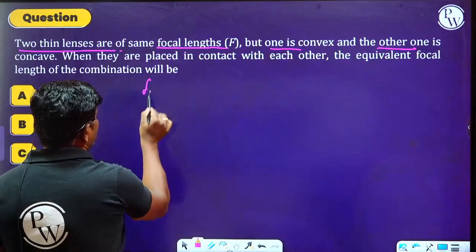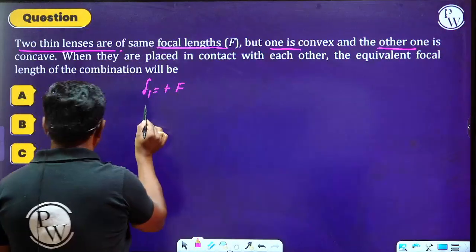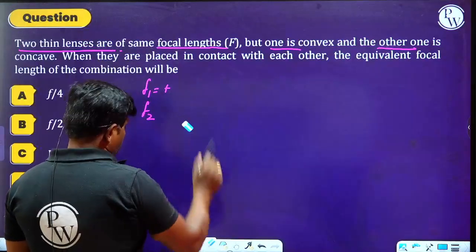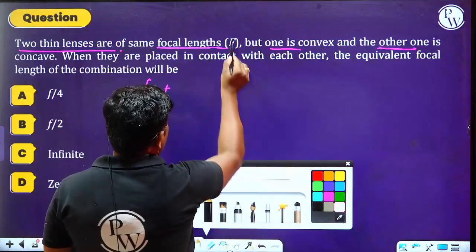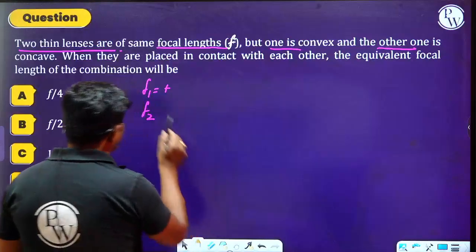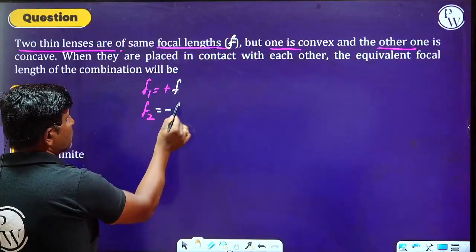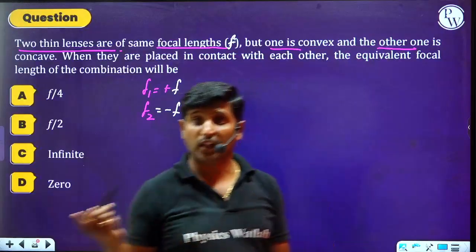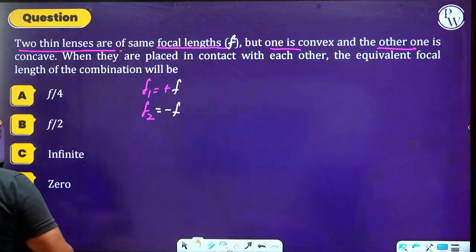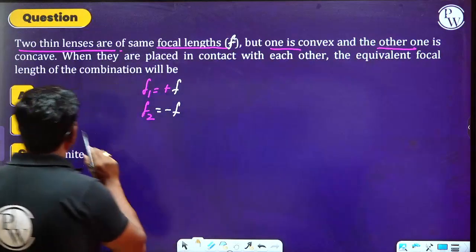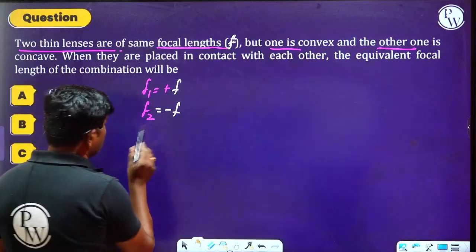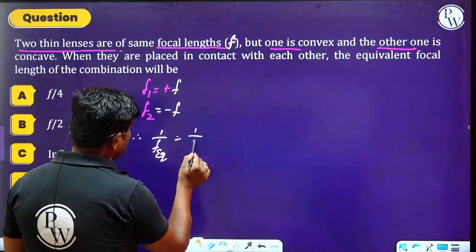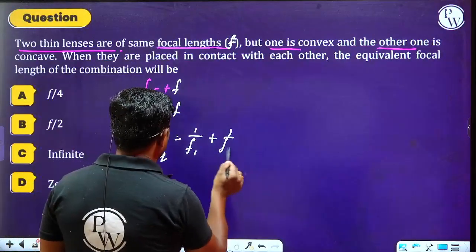Let us say f1 is equal to plus f and f2 is equal to minus f, because a convex lens has a positive focal length and a concave lens has a negative focal length. When they are placed in contact with each other, the equivalent focal length of the combination will be, in contact, 1 by f equivalent is equal to 1 by f1 plus 1 by f2.